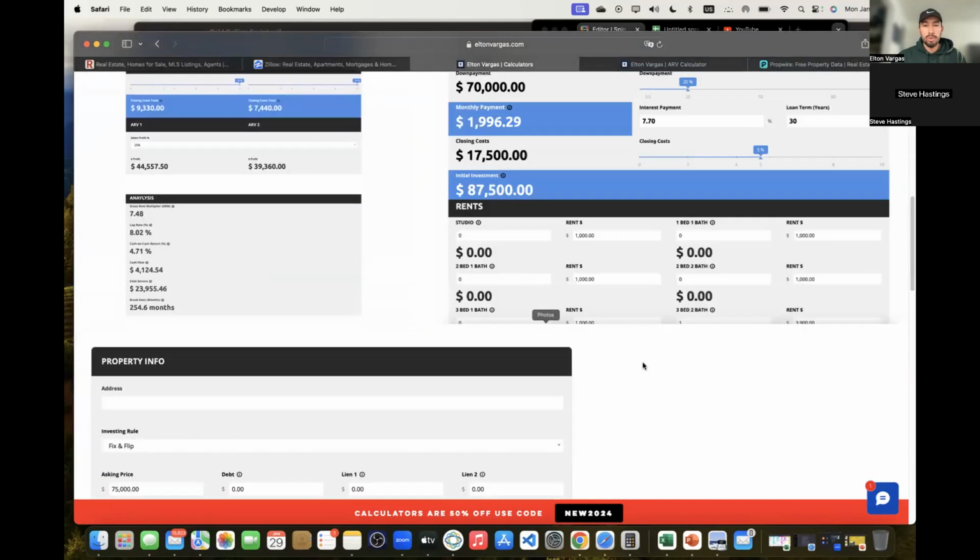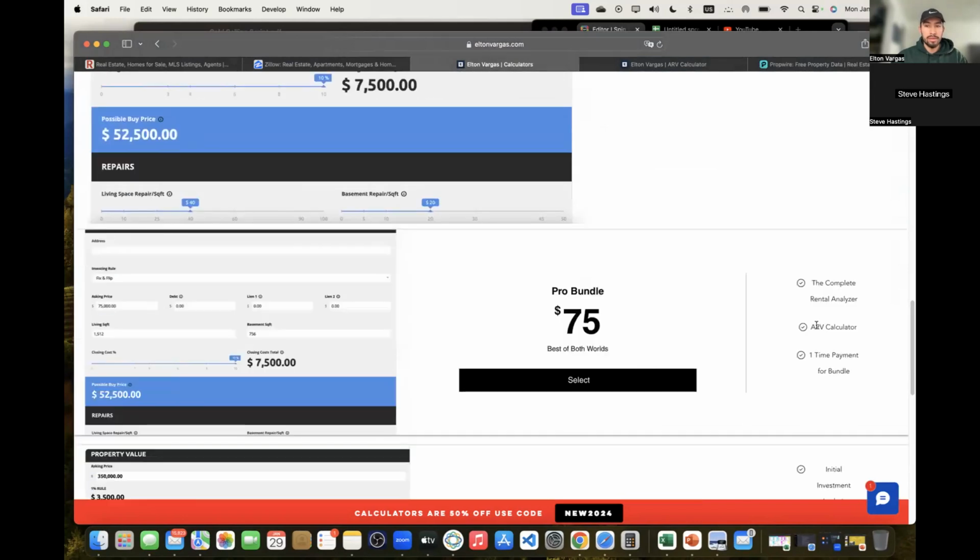That way you have access to the after repair value calculator, which is the one we're going to be using right now, and also a rental analyzer, if you're looking into rental properties, or if you come across buyers that are looking into multifamily properties. You want to be able to understand the things you have to analyze for those rented properties.